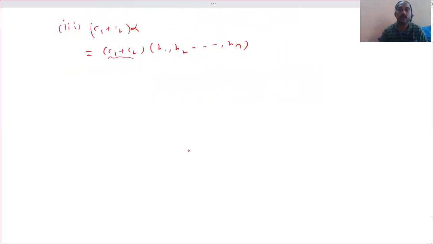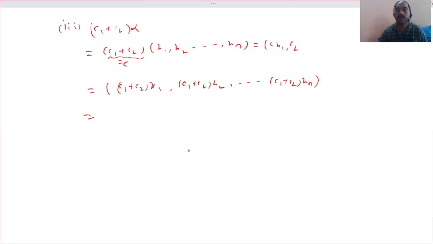Think of C1 plus C2 as a single C. It means C times of x1, C times of x2, and so on, C times of xn.